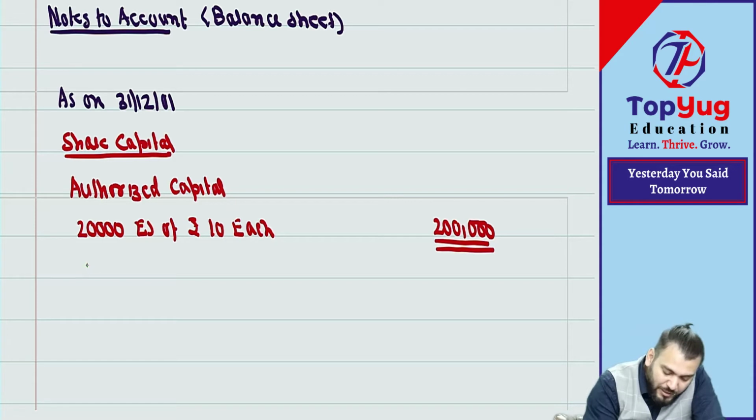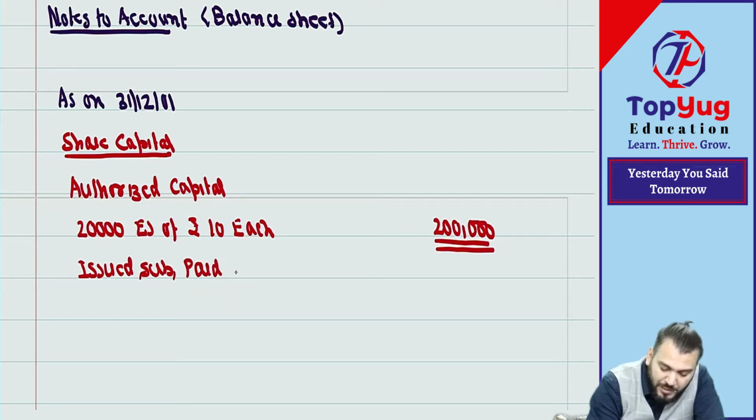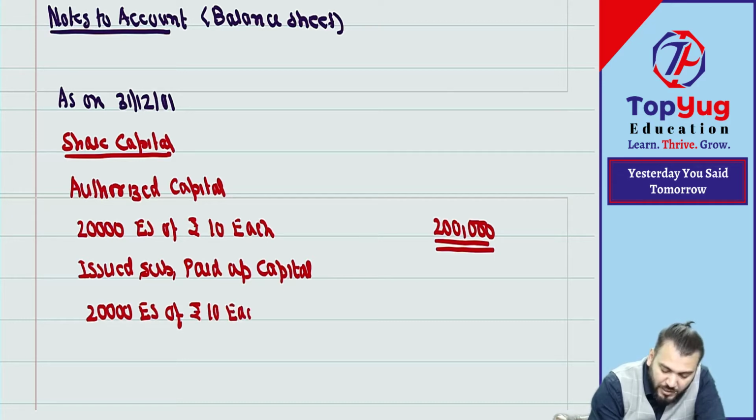Then we write down what? Issued, subscribed, and what? Paid up capital. So this was how much? 20,000 equity shares of rupees 10 each, rupees 8 paid up.